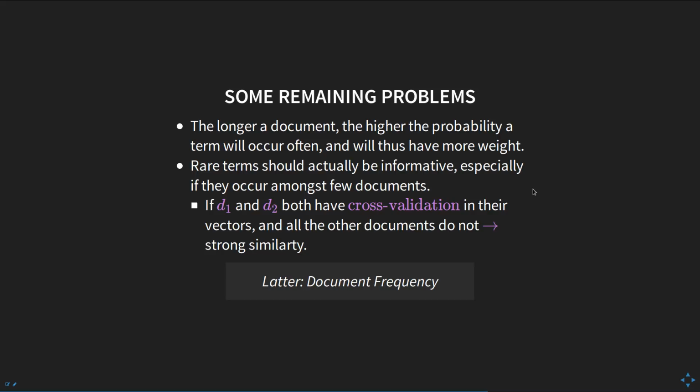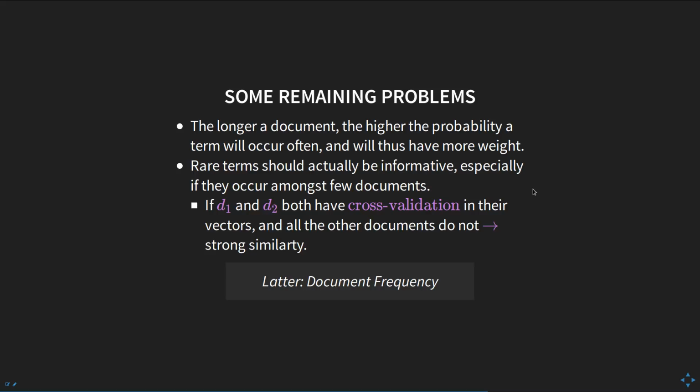The thing that we're very interested in is terms that only occur in few documents, because these rare terms will probably be very informative for this limited set of documents. They will probably be an indication that these are very similar because these rare terms only occur in these few documents.